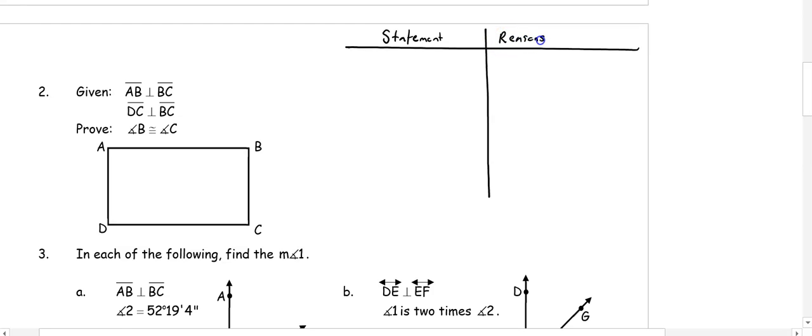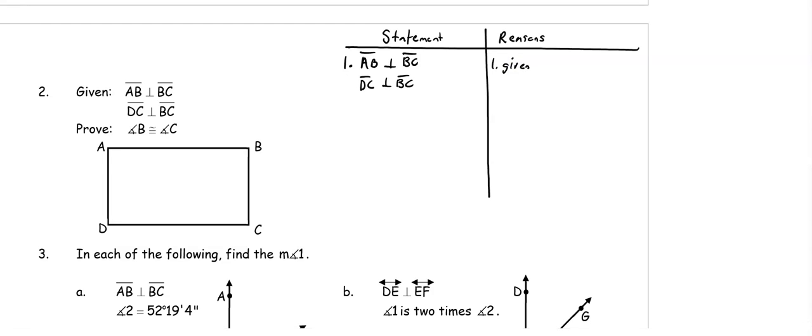Now, this is a shorter proof, but as we get into proving triangles are congruent later this semester, they will get a little bit longer. When you start a proof, you always start with the given statements. So we are going to say that segment AB is perpendicular to BC and CD is perpendicular to BC. And our reason we know that, it was given to us.